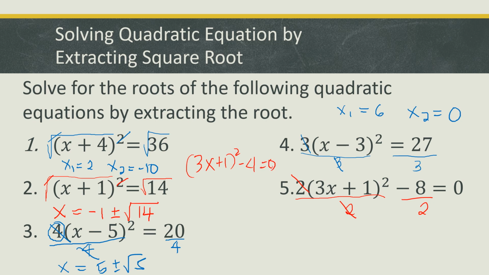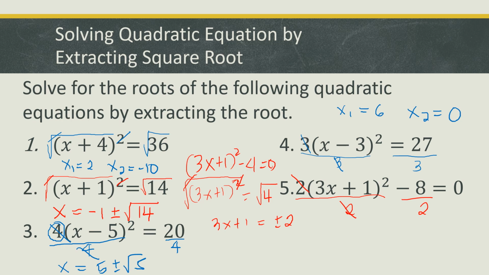So transpose first negative 4, we have 3x plus 1 squared equals positive 4. Then extract the square root of both sides, cancel the square, we have 3x plus 1 is equal to positive, negative square root of 4, which is 2.